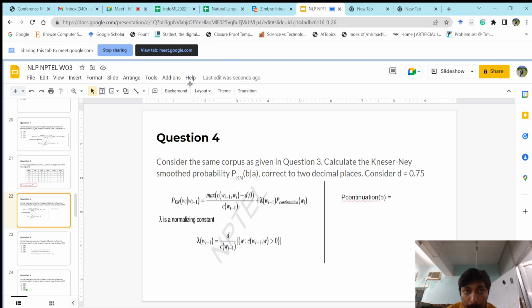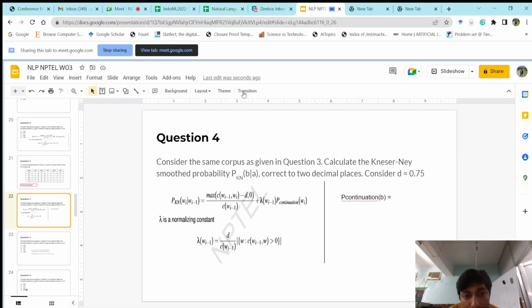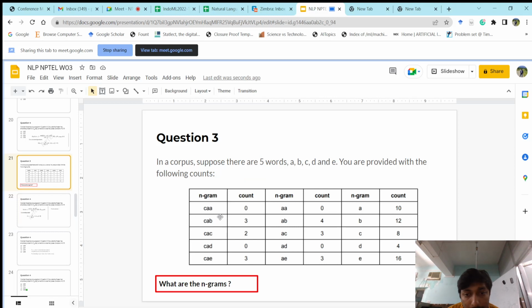So what will be P continuation? Where B is appearing as a novel continuation in a bigram.